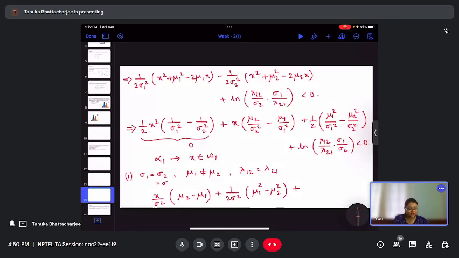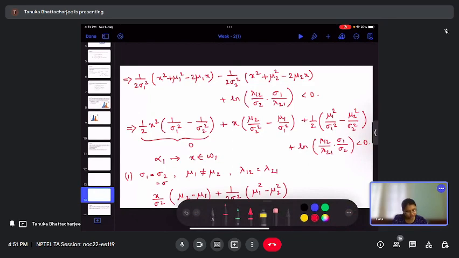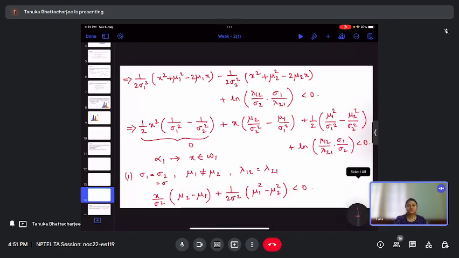So the term within the log function is becoming 1, so ln of that will become 0. So we do not have the last term also. So this is the classifier we have for this case.